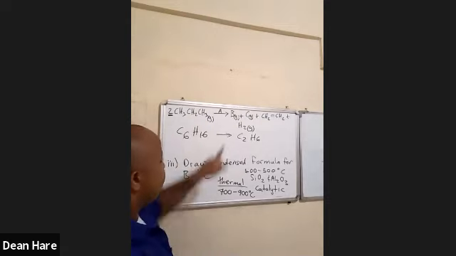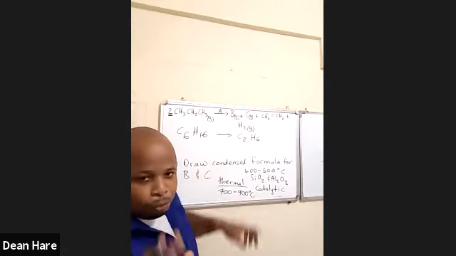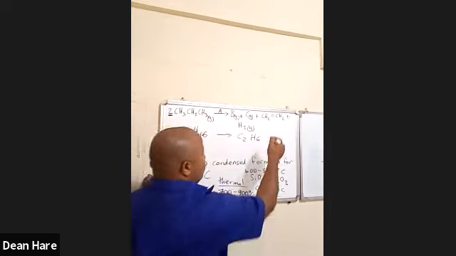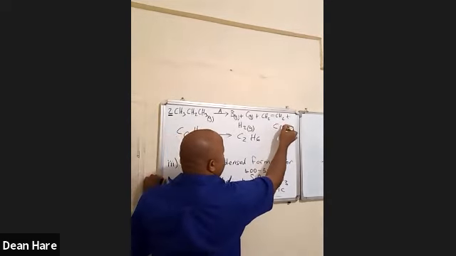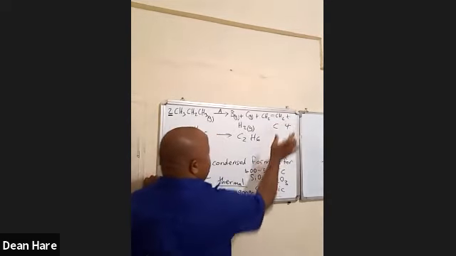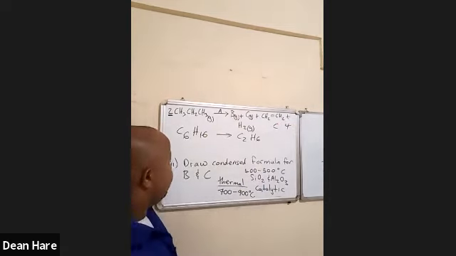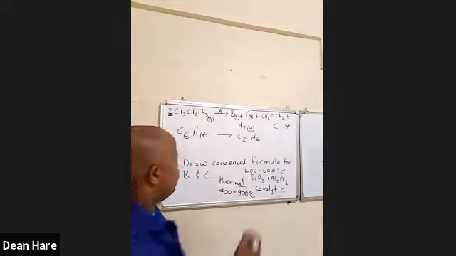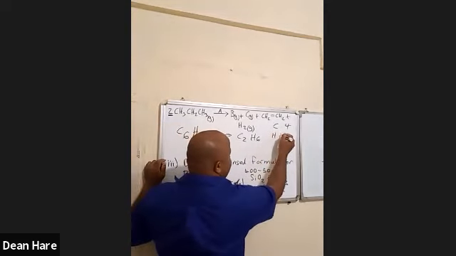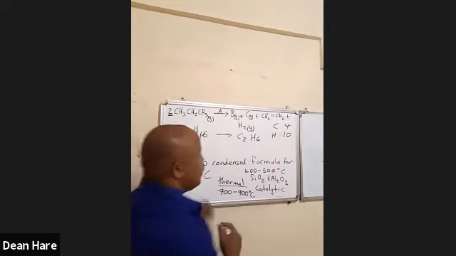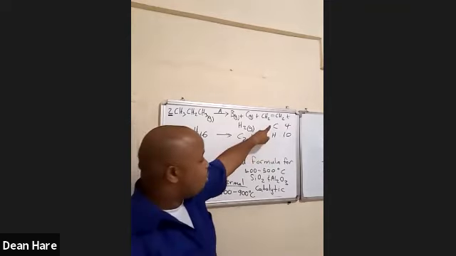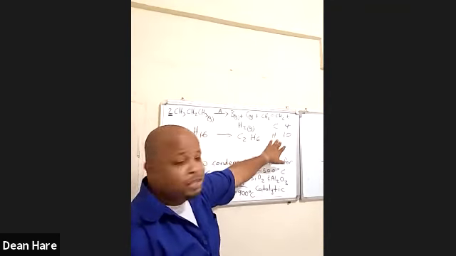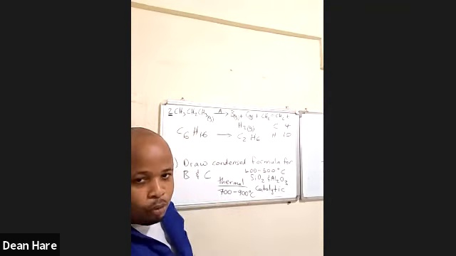That means B and C together cannot pass 4 carbons. So we have 4 carbons remaining, and if we use 6 hydrogens from 16, that means we have 10 hydrogens. So now you have 4 carbons and 10 hydrogens to make 2 compounds.